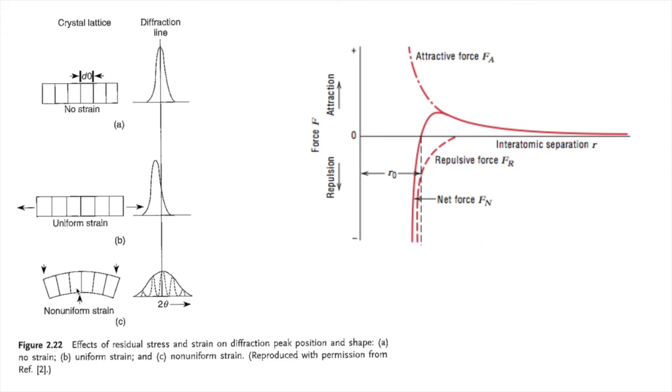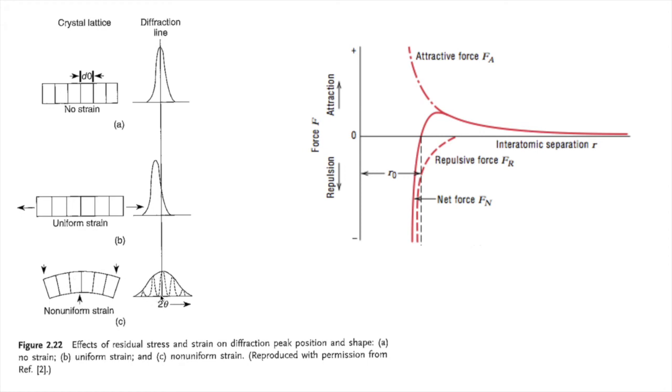What that does is the regions down here under compression are shifted to the right, like we saw in the previous example. The positions up here, where you can see it's expanding, so it's under tension, are shifted to the left, like this peak here. So there's a mix of these two, and then certain regions may not be under strain at all.